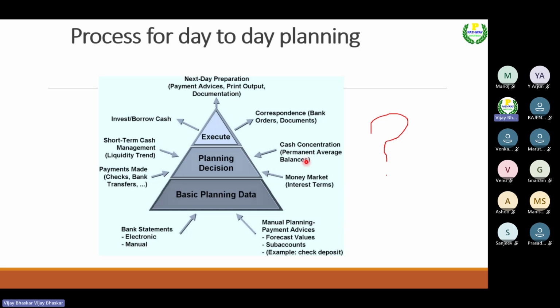Then the expected interest: how often we are going to receive that interest. The interest could be monthly, quarterly, or yearly. That is where these interest terms come in. But if I go into detail now, it will be too advanced. Let us wait to complete cash management so that you can understand clearly what the money market is and how it is going to work.